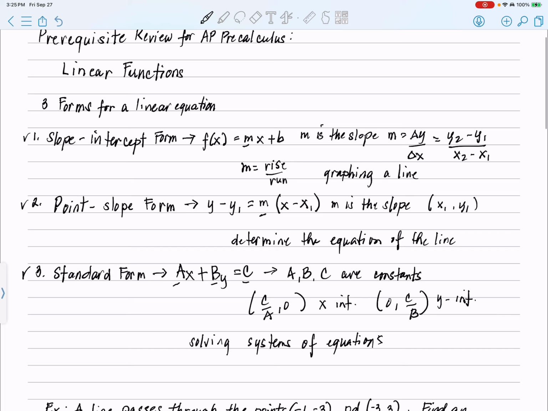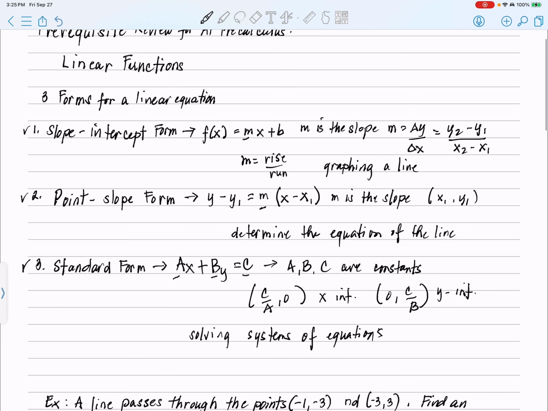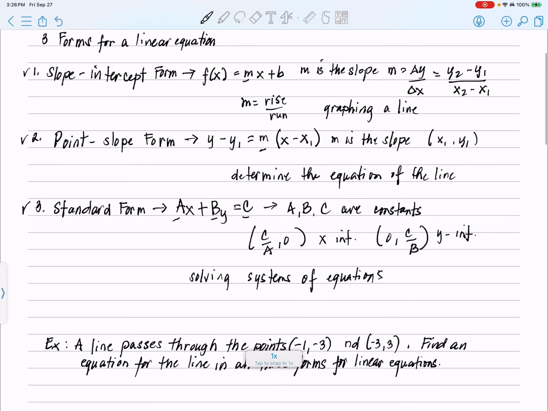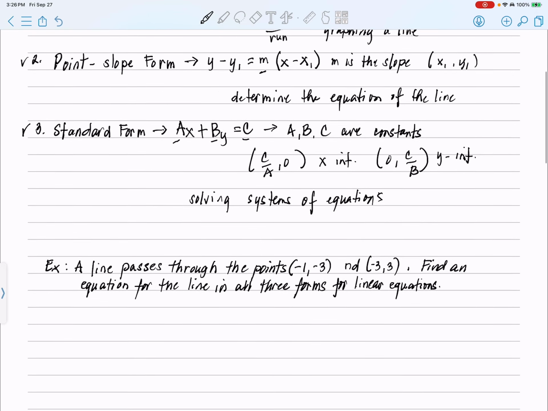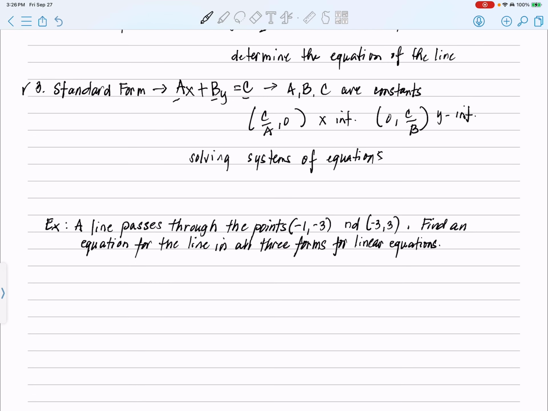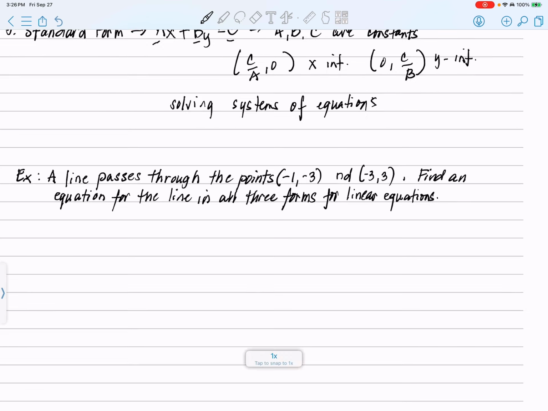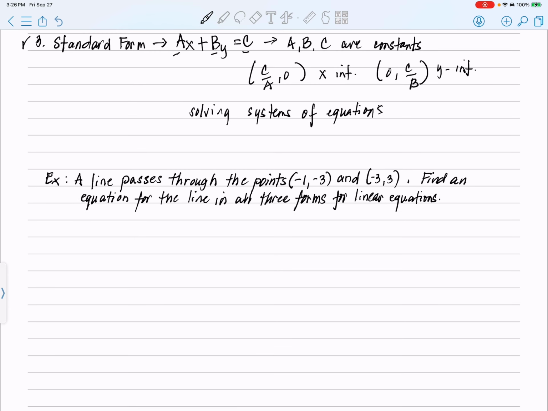Okay, so from here, we are now ready to solve one of the problems about linear equations. Let's do the example right here. A line passes through the points (-1, -3) and (-3, 3). Find an equation for the line in all three forms for linear equations.